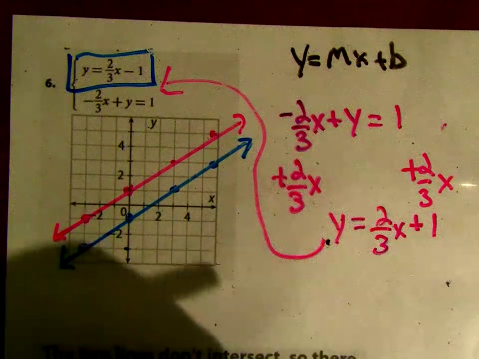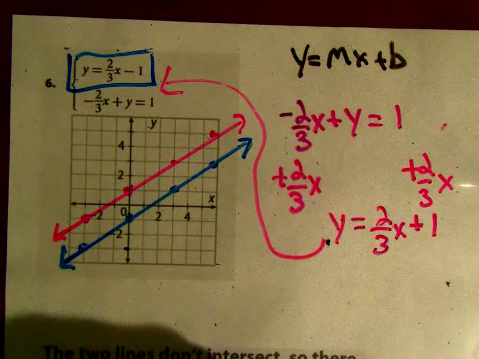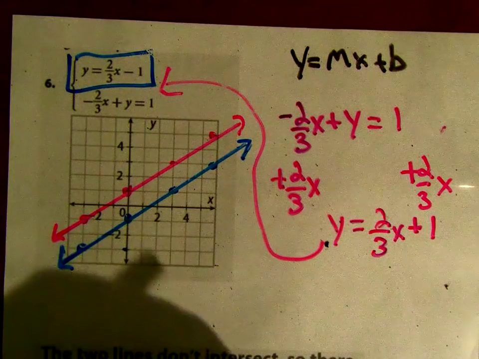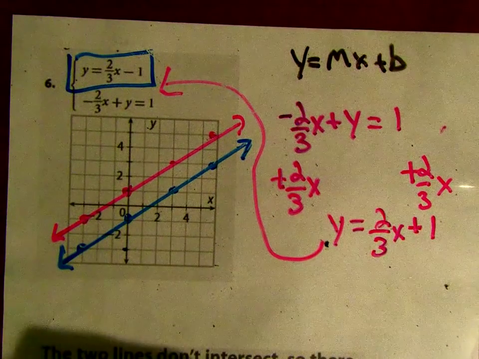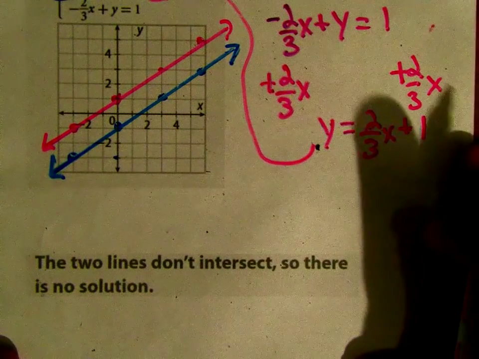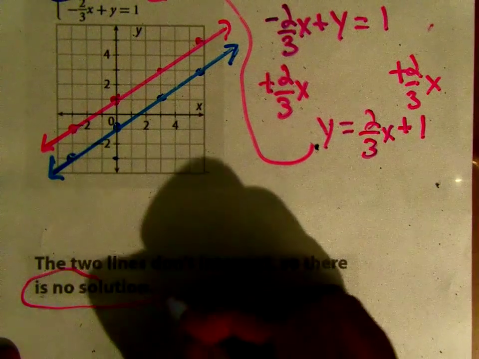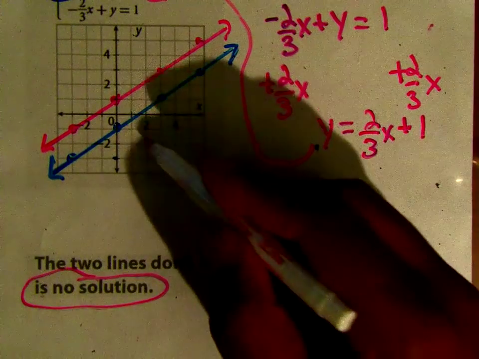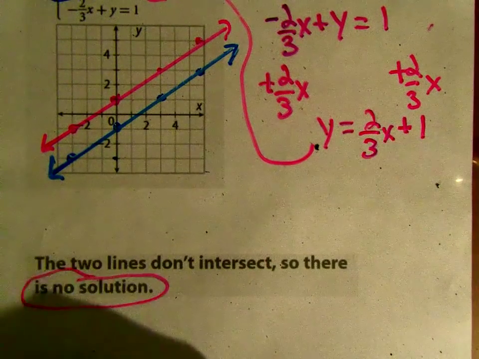And what happens there is your lines are never going to intersect. They're never going to cross. So since they're never going to cross, they're never going to have a solution. So there's no solutions for this. And what that means is that your lines are parallel. They're not going to touch.